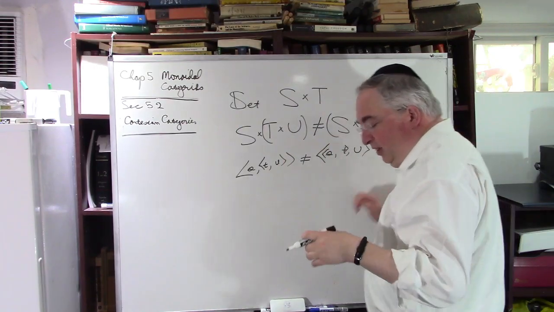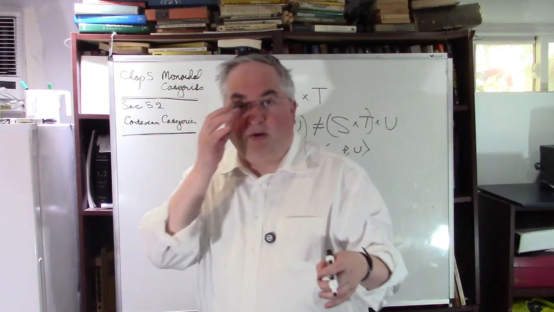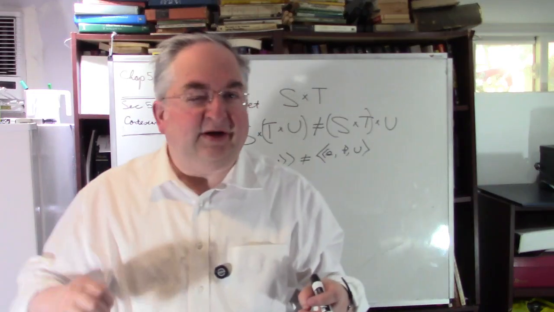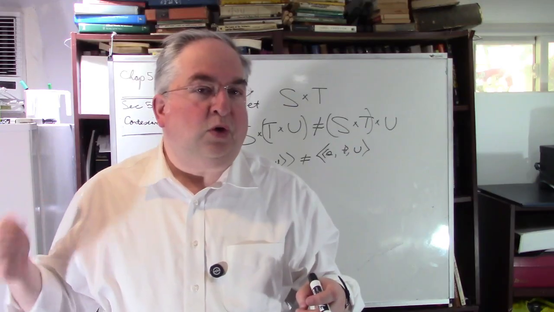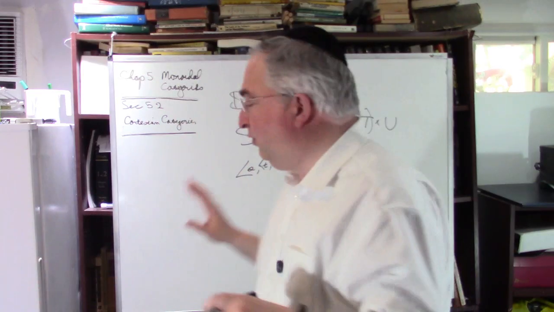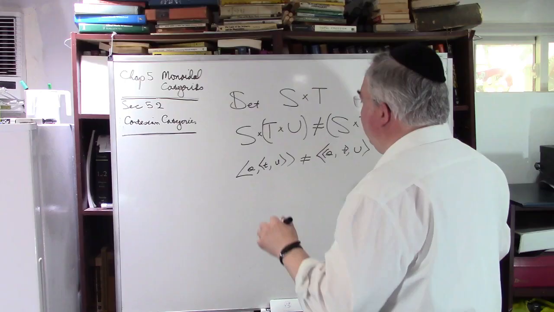This is the beginning of something called coherence theory, where we start talking about things where the laws don't work out very nicely, but they cohere, they get along, and we'll talk about that. Let's talk about another problem.